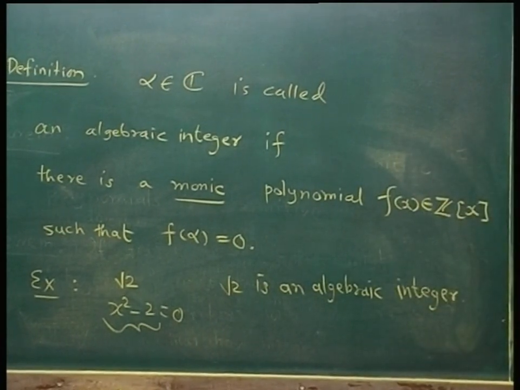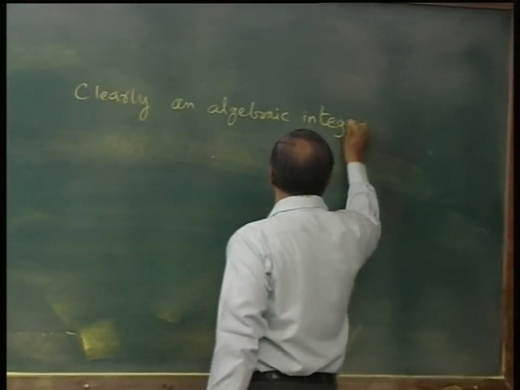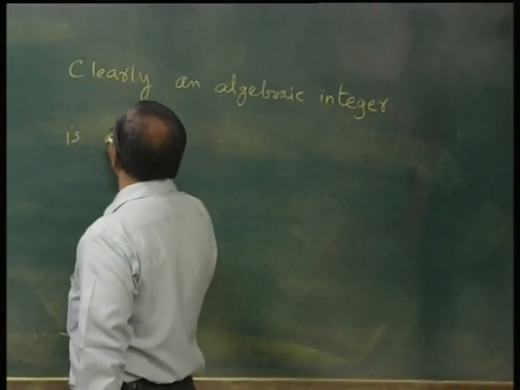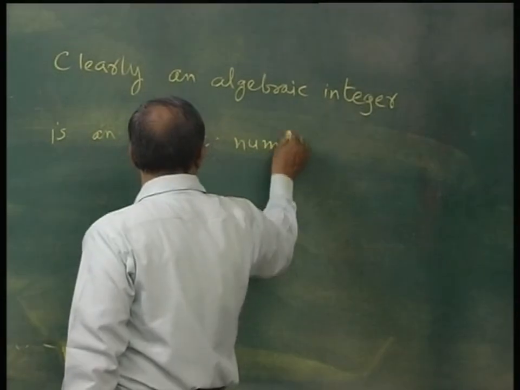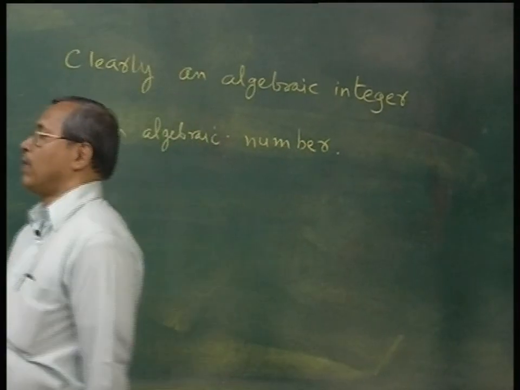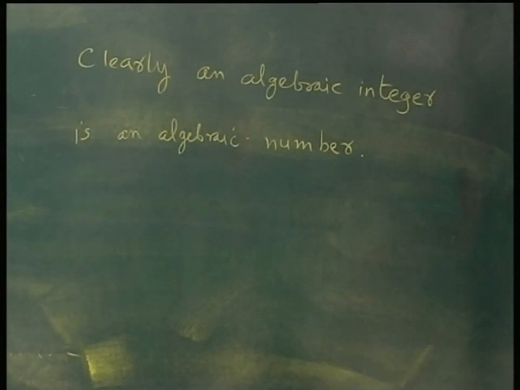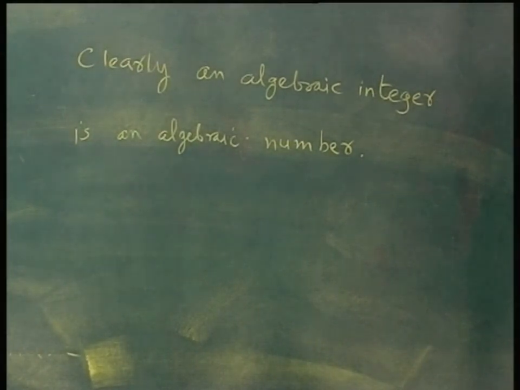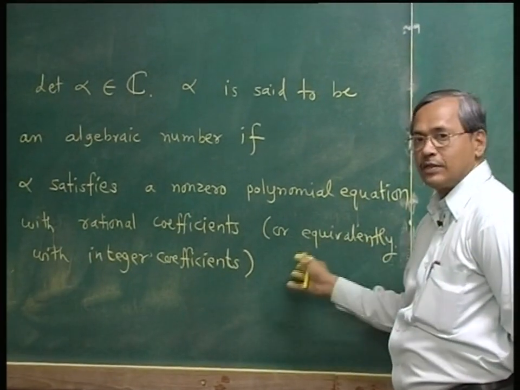Clearly an algebraic integer is an algebraic number. If you have an algebraic integer, it satisfies some monic polynomial with integer coefficients, and the same polynomial can be used. Here we have seen algebraic number means alpha should satisfy some non-zero polynomial equation with rational coefficients.